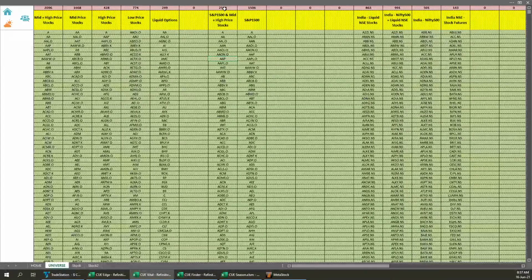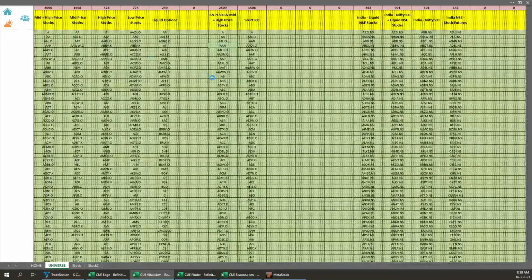It has 2509 symbols. I think this is a very good overall universe to use, and not go beyond that. Low price stocks are speculative, and illiquid stocks are not efficient. So this is probably the best overall universe one may use. If a trade setup is not in this universe, you may avoid trading that.